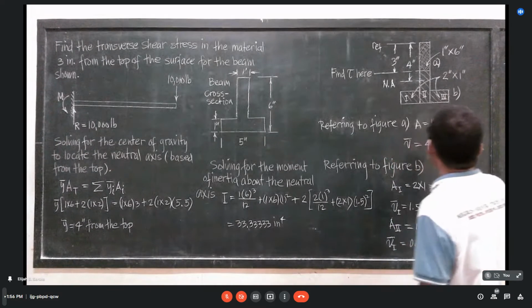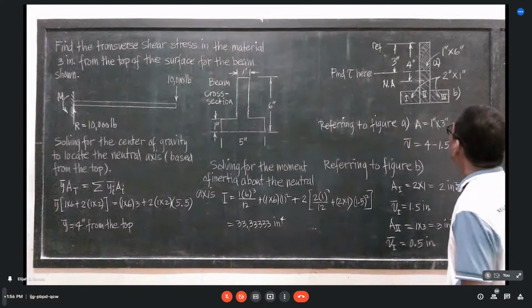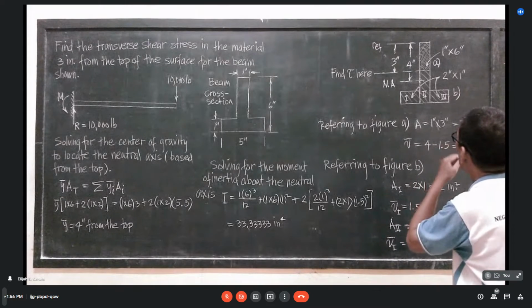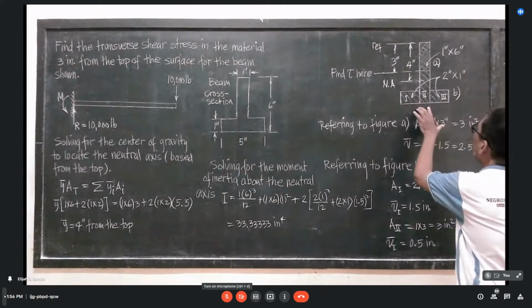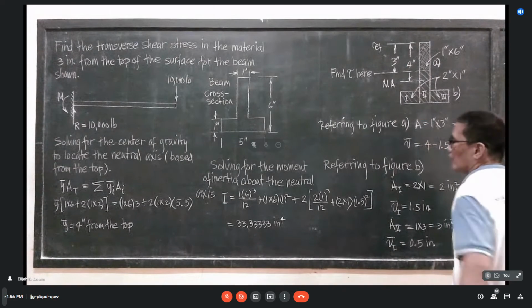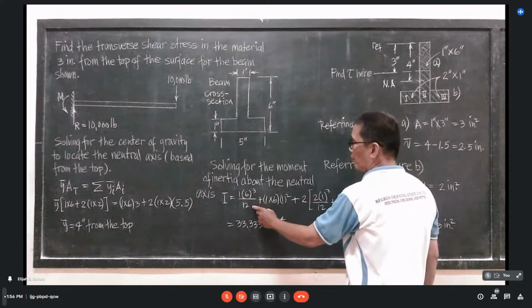So, where is B here? For the rectangle, where is B? This one. And H is this one. So, BH cubed over 12.